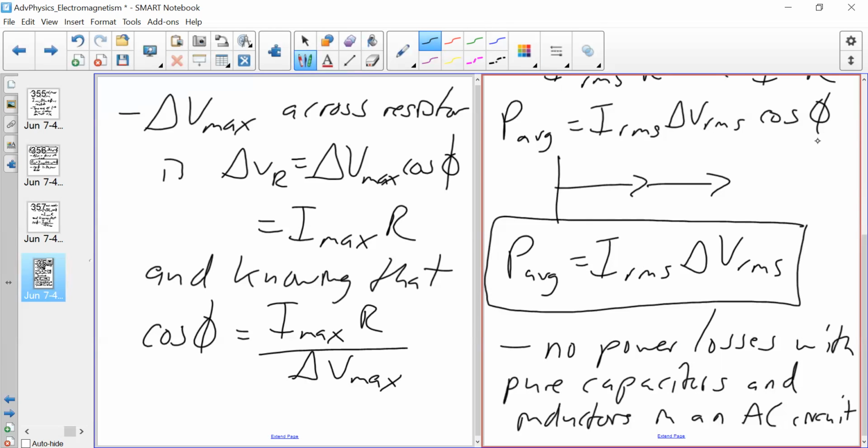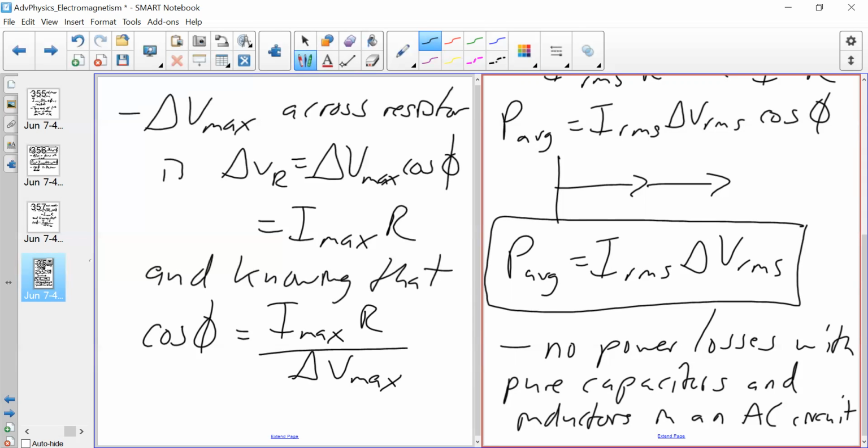No phase angle to consider. That also corresponds to a purely resistive circuit. So this is perhaps the most efficient circuit. It is definitely way more efficient than direct current. And let's see, I think with that, that'll be a good stopping point.